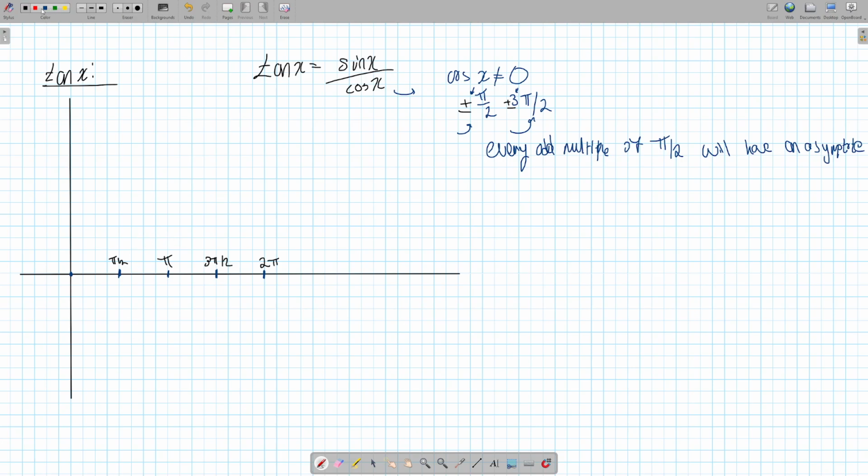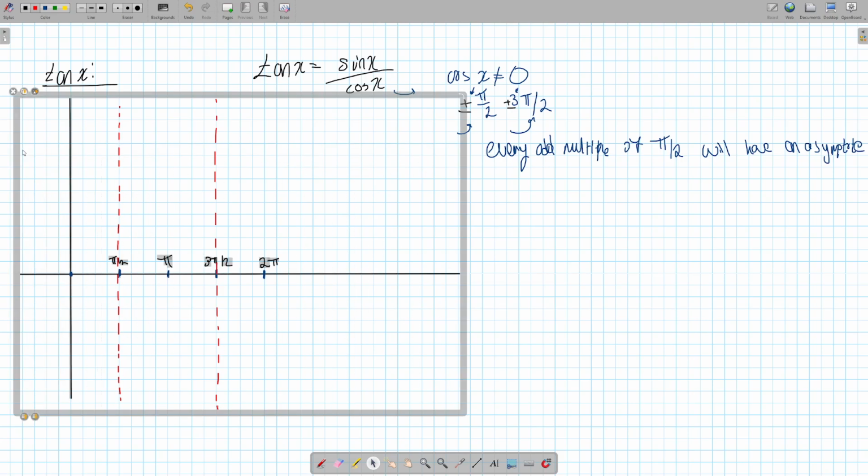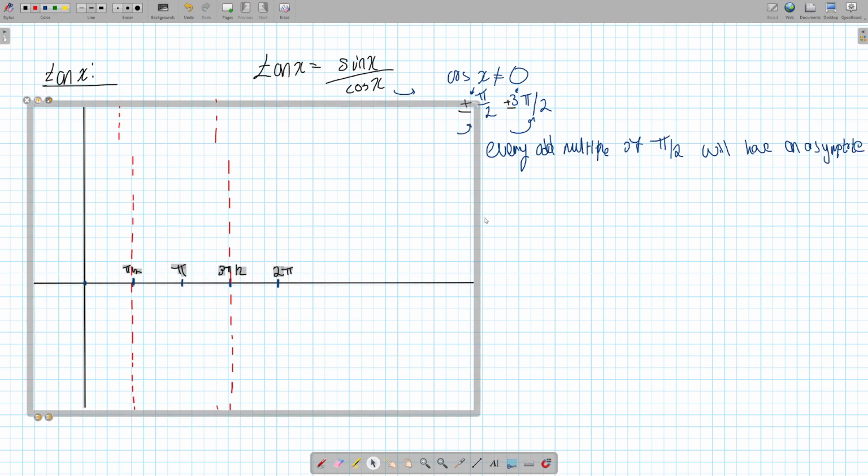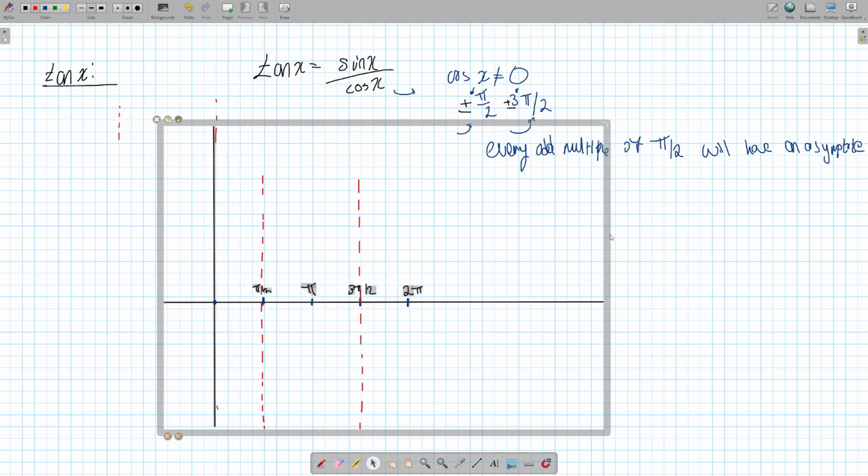So let's see here. That means here at pi over 2, I'm going to have an asymptote, so my graph is not allowed to cross. And over here at 3 pi over 2, I'm also going to have an asymptote. I want to move this to the right a bit, because I want to draw the negative side as well. Okay, I'll move it down here.